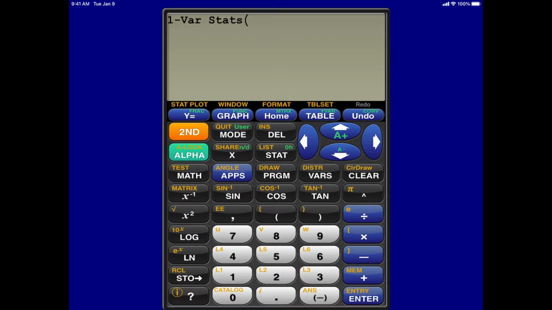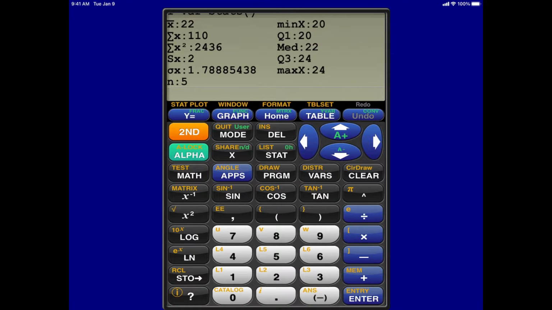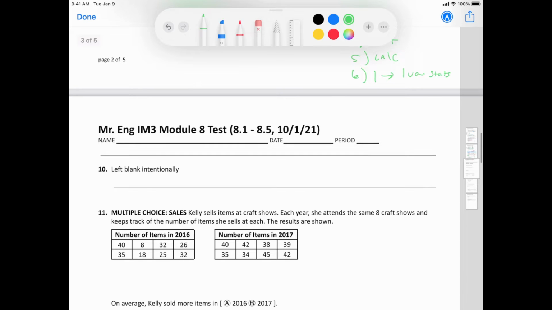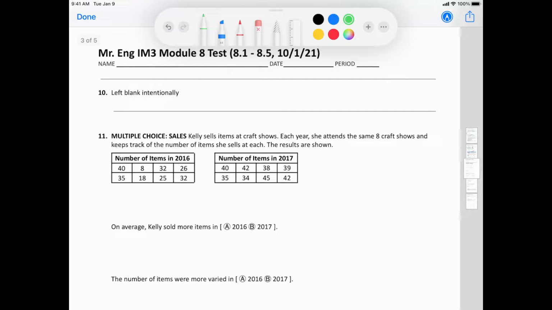If you put in a different list, you have to put in the number L, whatever you put your list in. And then we're looking here for where it looks like a sigma x. That would be the population standard deviation. And that would be choice 1.79, which would be A. So, all right, question 10, intentionally left blank.